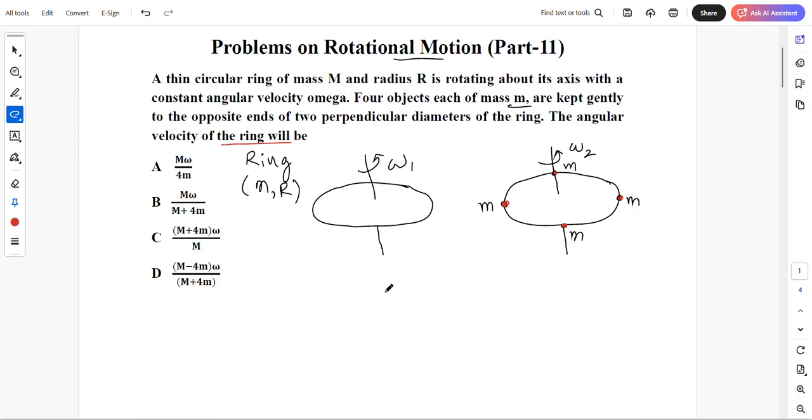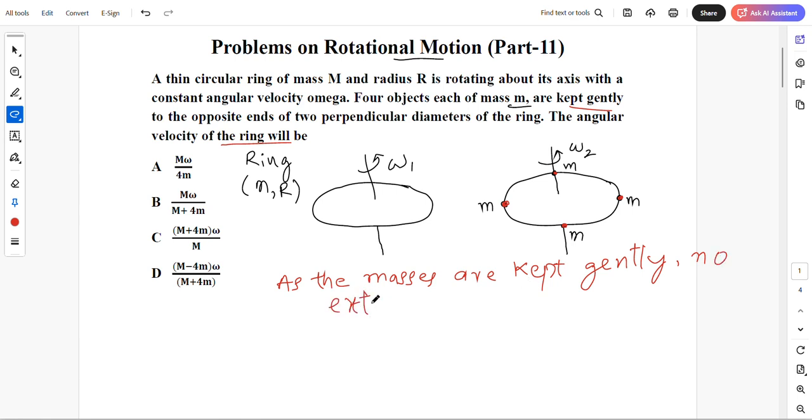Now here, as the masses are kept gently, no external torque is applied on the system.